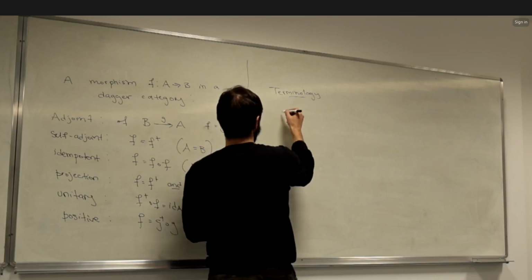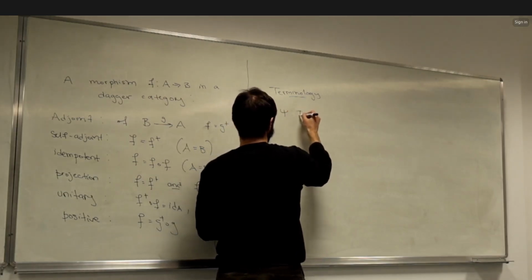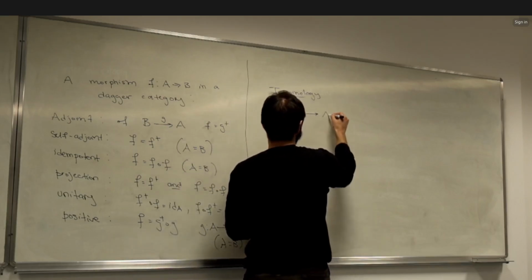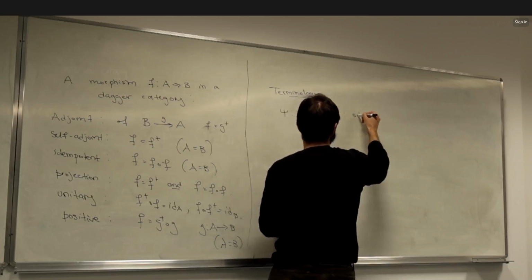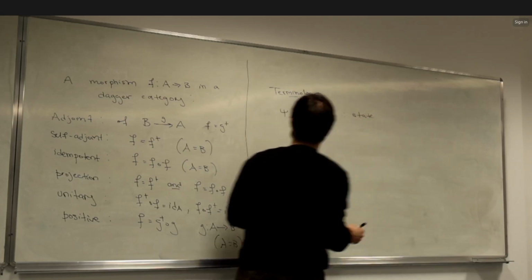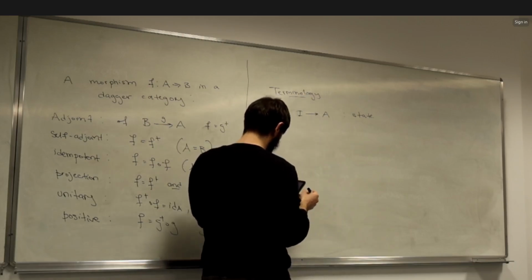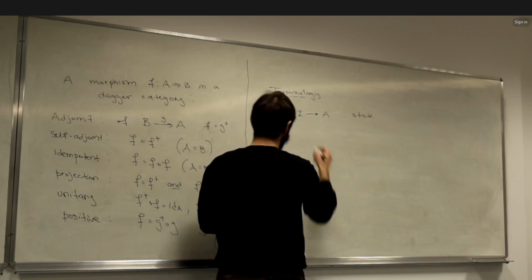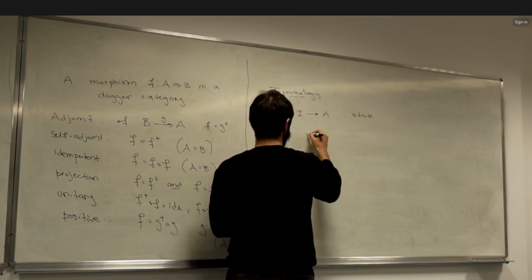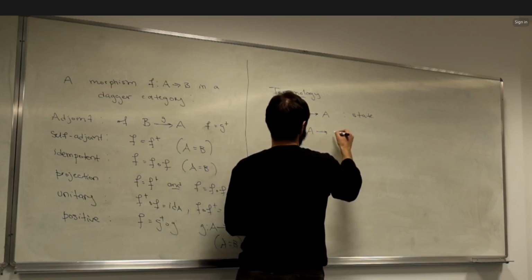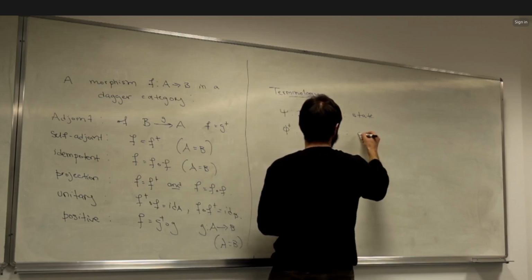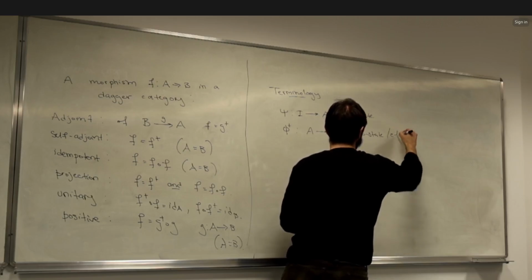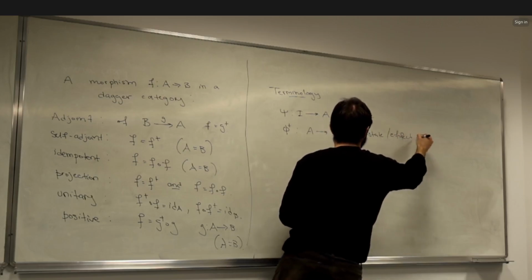We say that a map psi from the unit to some object A is a state, whereas we can talk about the dagger of this as a co-state, or you can say it's an effect.